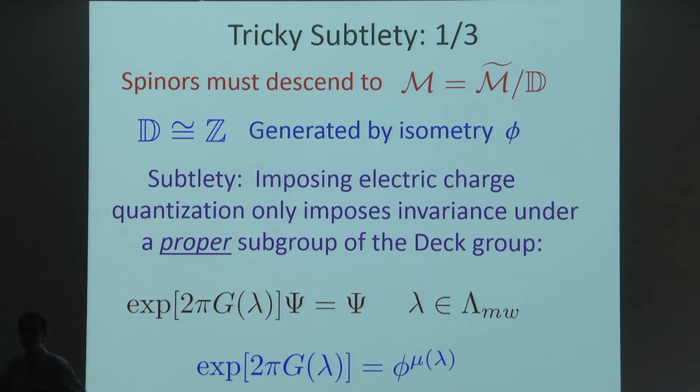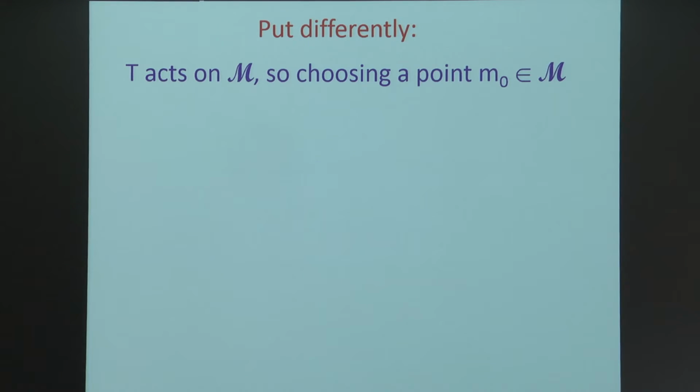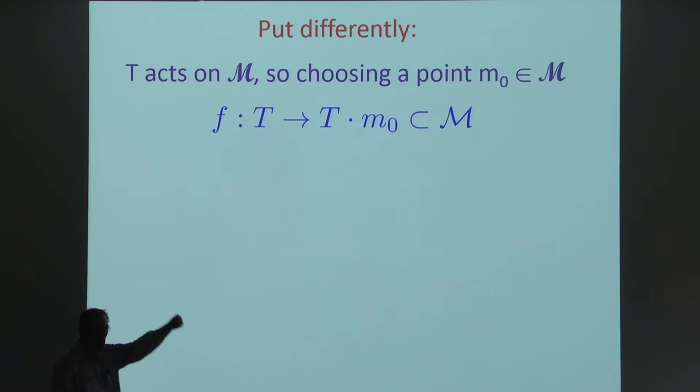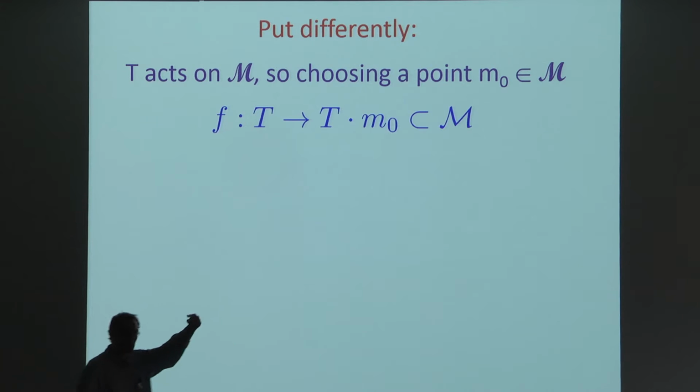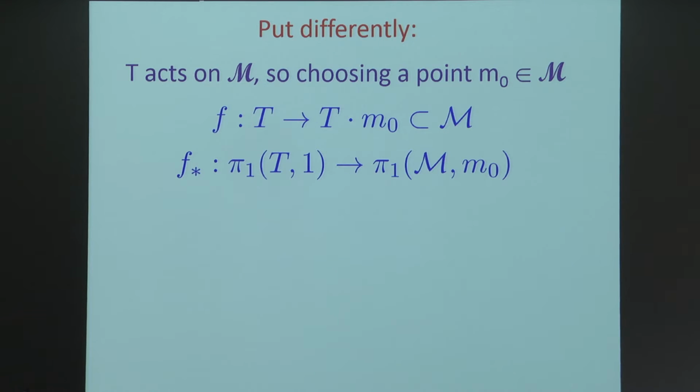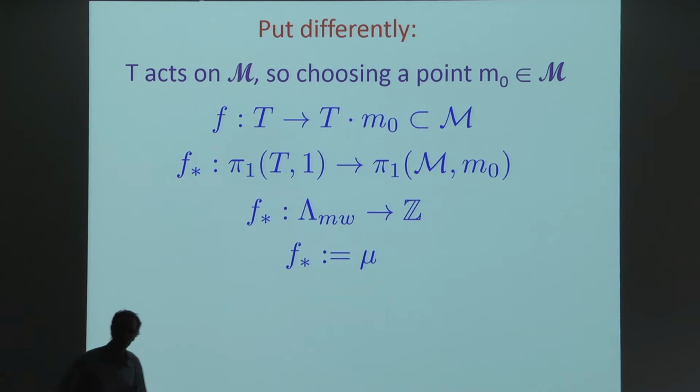Well, this is subtle, so let me put this in a slightly different way. So the Cartan torus acts on M. So choose any point you like in M, and you get the orbit of the Cartan torus in the moduli space. That means you have a map from T into the moduli space. And just mathematics says that that means you have a homomorphism of pi1 of T into pi1 of the moduli space. So that means you have a homomorphism from the magnetic weight lattice into Z, and that's the homomorphism I was calling mu.